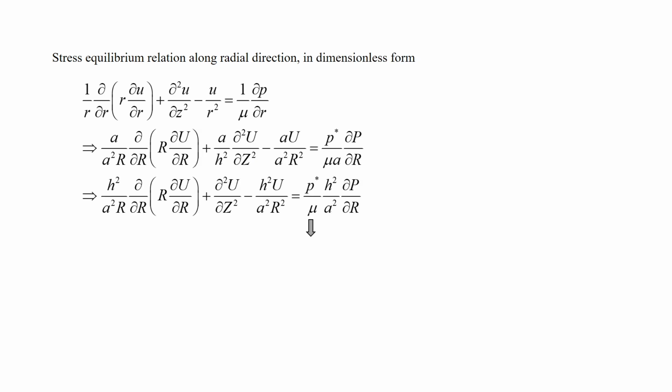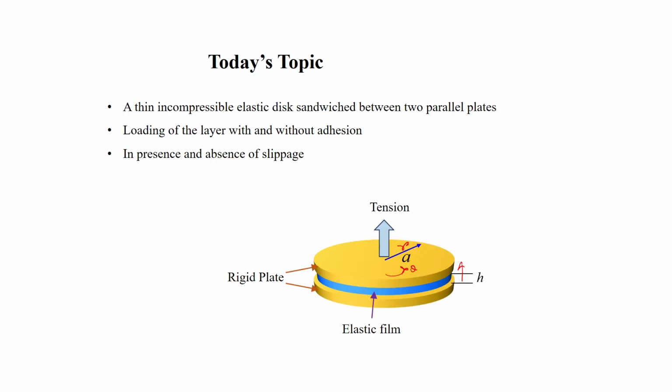I would like to quickly go through this equation. We can write it in dimensionless form, as we have done before. Remember that capital R is the small a, the radius of the disc, which is the characteristic length in the r direction.